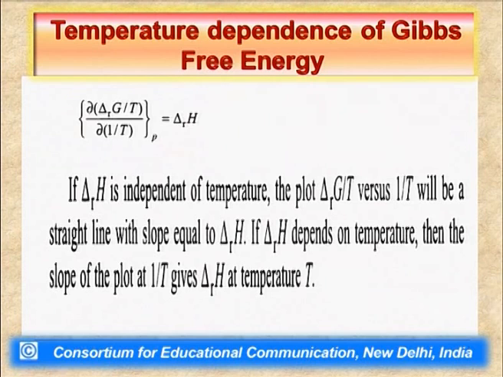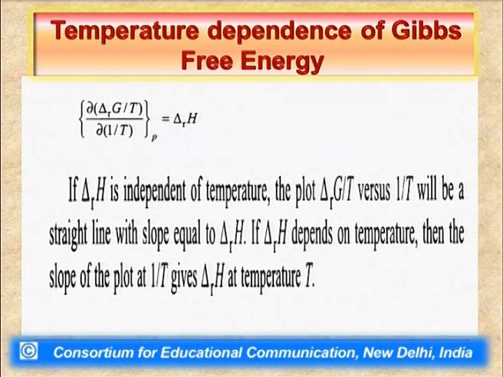If this delta RH is independent of temperature, we can draw a plot between delta RG by T versus 1 by T. It will give a straight line, as the equation suggests, with slope equal to delta RH. So, we can determine in this way the enthalpy change of various reactions.